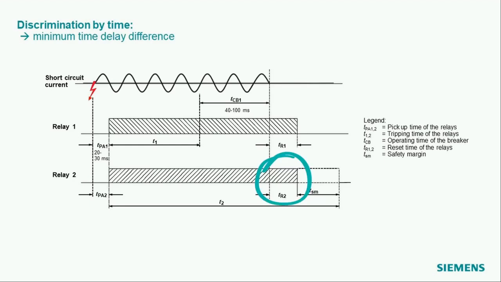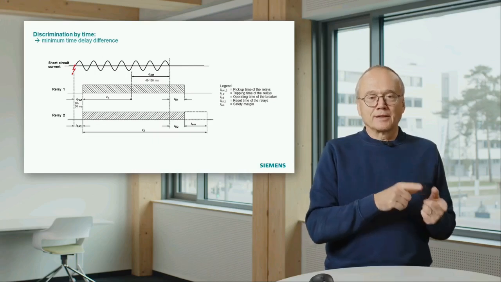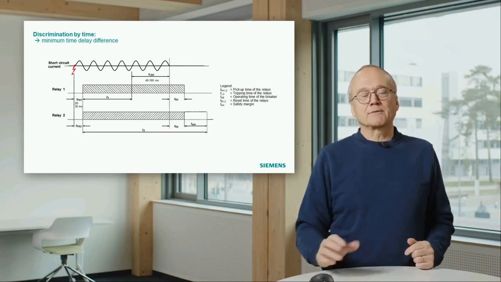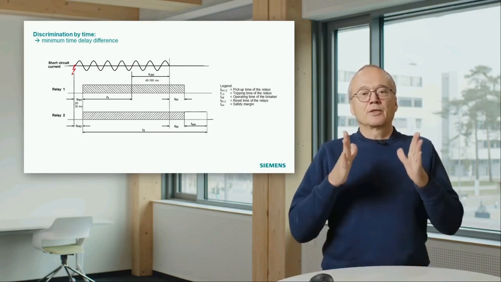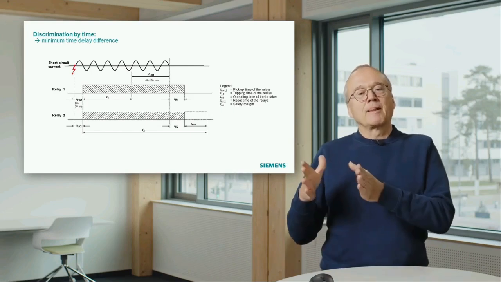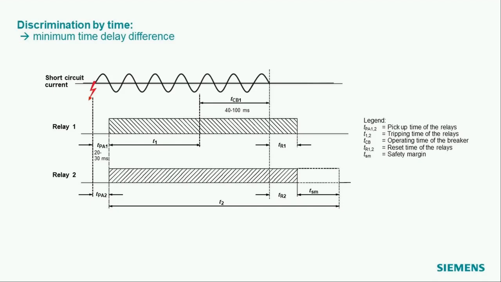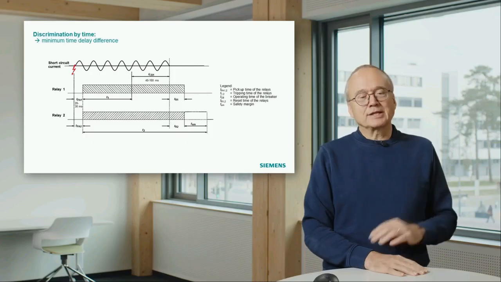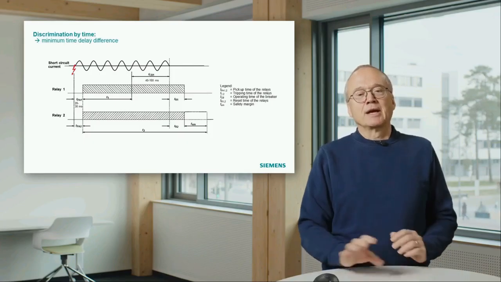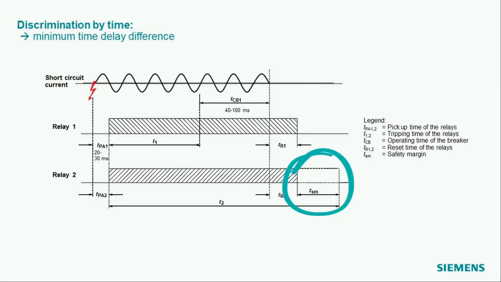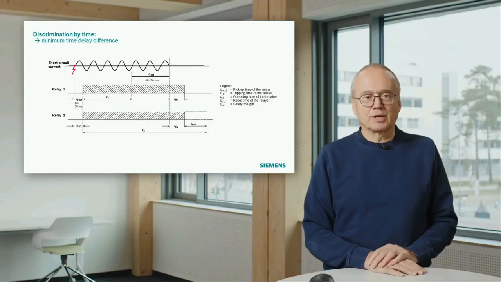That means the time difference between the timers of the 2 relays must be at least the time of the circuit breaker plus the reset time, plus maybe some differences in the fault detection time at the beginning. And normally protection engineers are pretty much careful, so on the right hand side we add some margin to that.